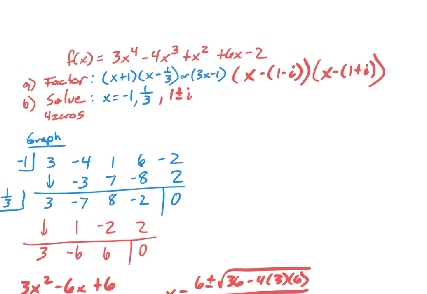And so if I were to rewrite this, it would be x minus (1 plus i) and x minus (1 minus i). That's why I put it in parentheses there, because basically what we have to do is take this minus sign and distribute it through. And those would be my two zeros. I don't have a problem if you leave it like this, but the book is probably going to simplify it to look like that.